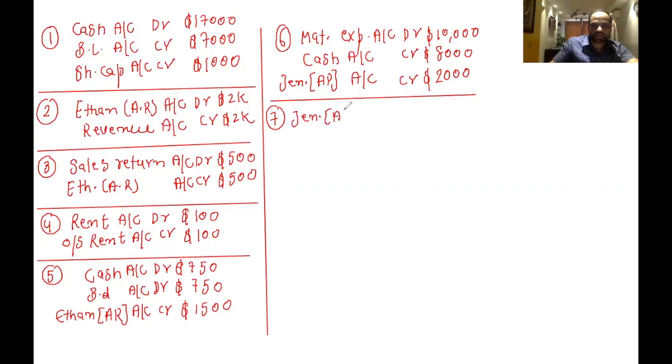Jennifer accounts payable account debit, and purchase return or material return, whatever, account credit. So it will be 2,000, because we only return credit purchase. That's why only 2,000.